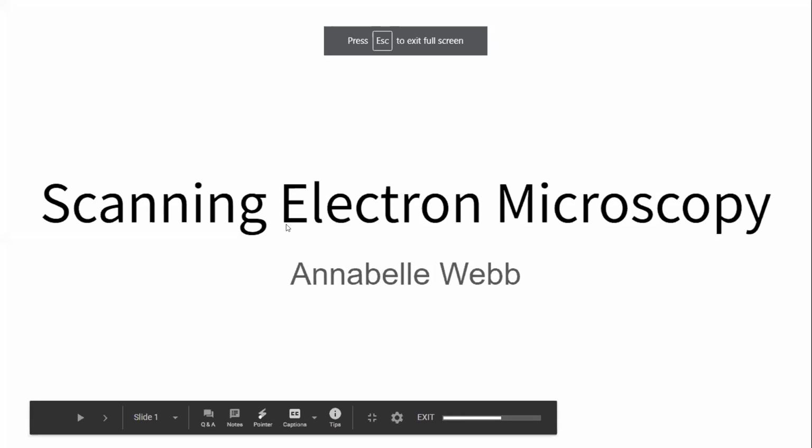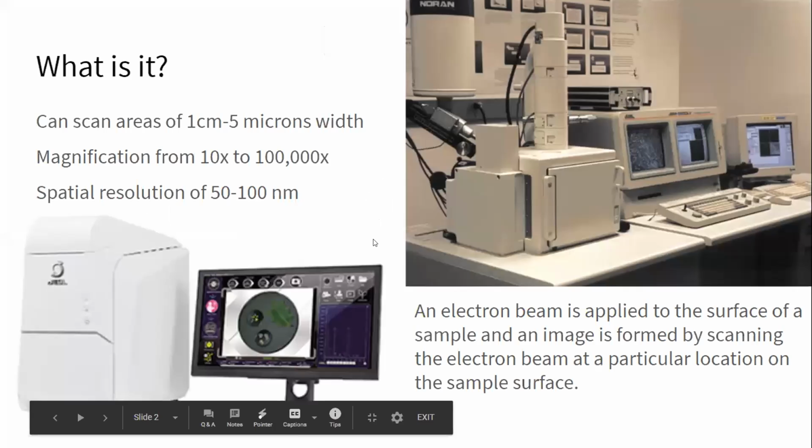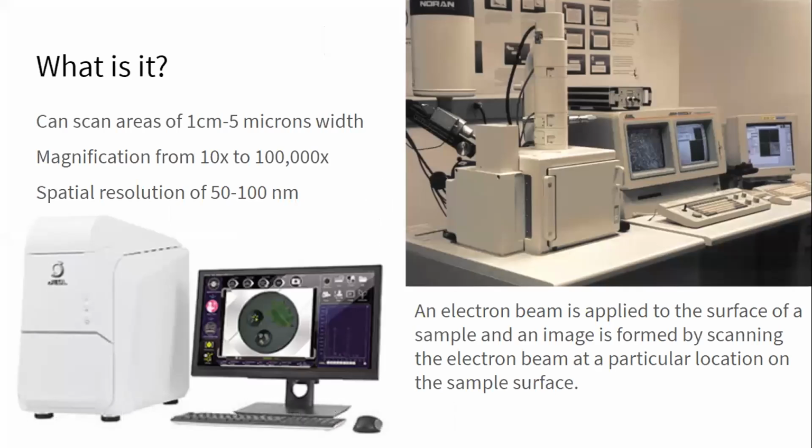So I did scanning electron microscopy. What is it? It can scan areas of 1 centimeter to 5 microns width, and has a big range of magnification and spatial resolution.